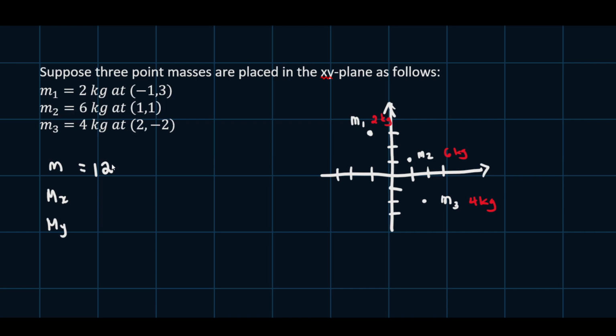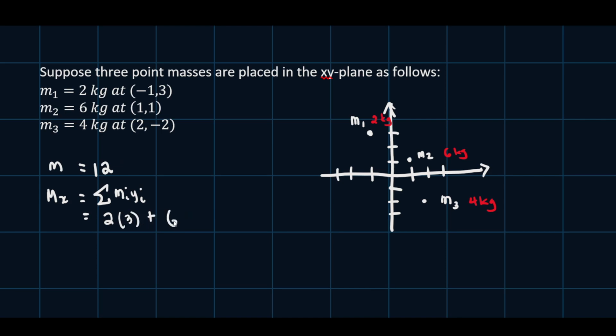Okay, for the moment about the x-axis, take note, ang formula natin for the moment about the x-axis will be the product of the mass and the y-coordinate. So in this case, yung ating first one has a mass of 2 kilos and yung y-coordinate niya ay 3.